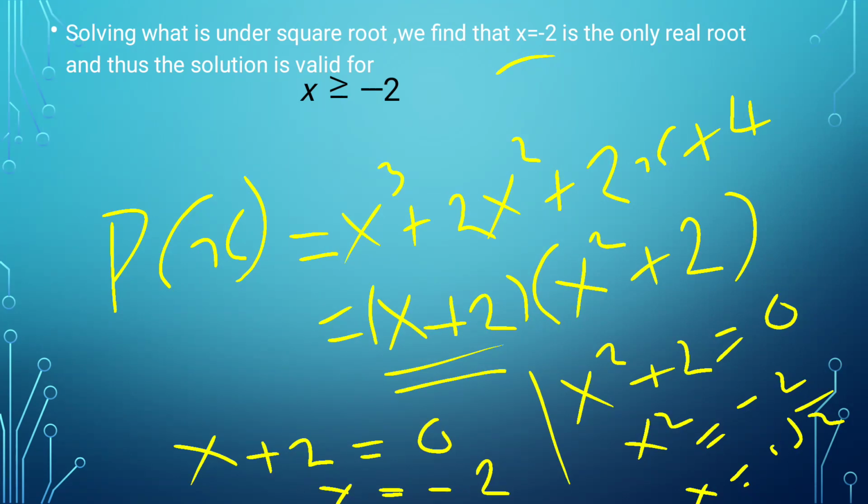Our solution, we want it to be real, so that's the reason we are saying x equal to -2 is the only real root, the other one is the imaginary root, and the solution will be valid only for x being equal to or greater than -2.